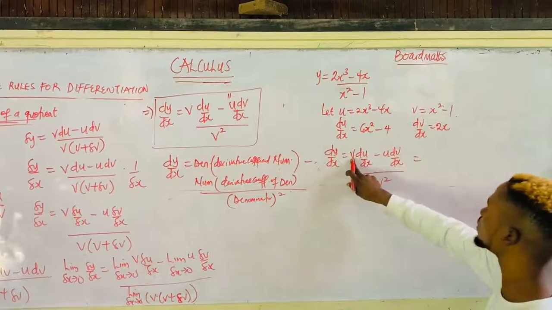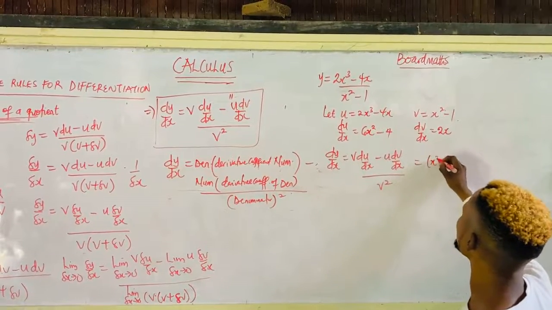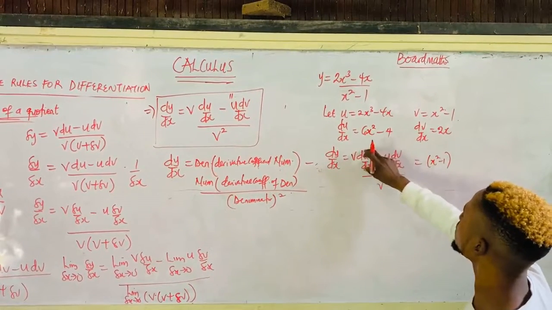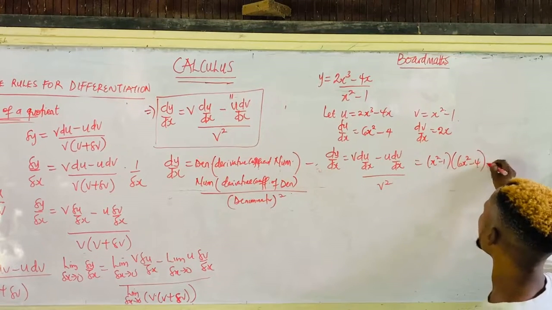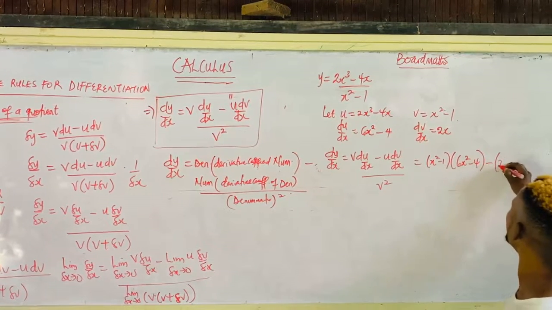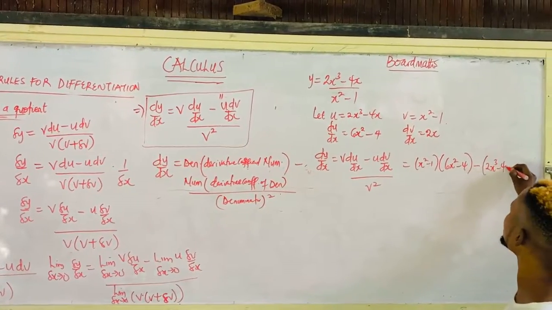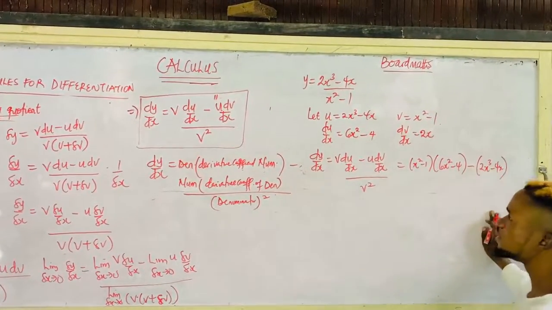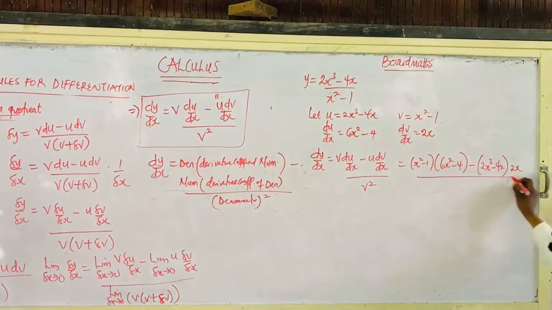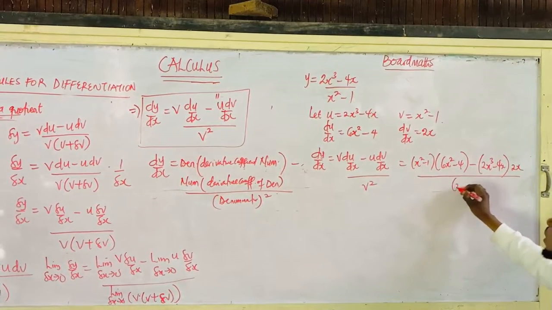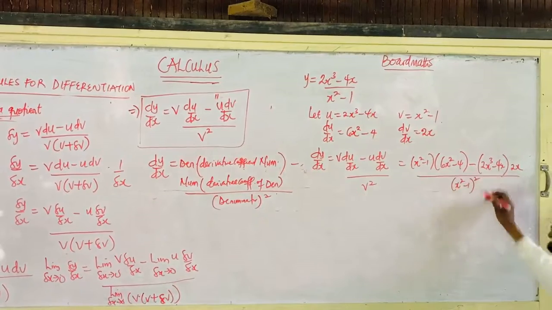V is x squared minus 1, du/dx is 6x squared minus 4, minus u which is 2x raised to 3 minus 4x, then dv/dx is 2x, over v squared, that's x squared minus 1 all squared.